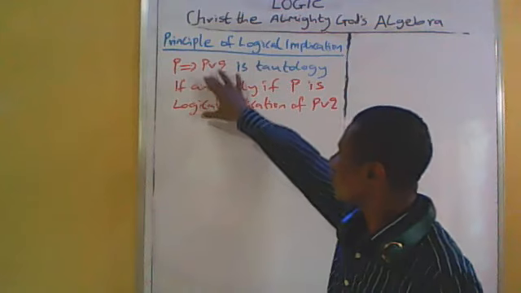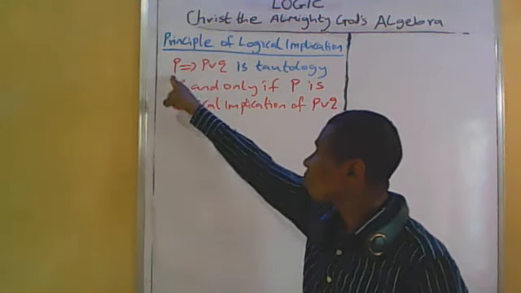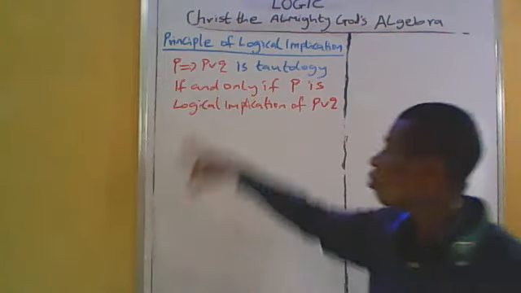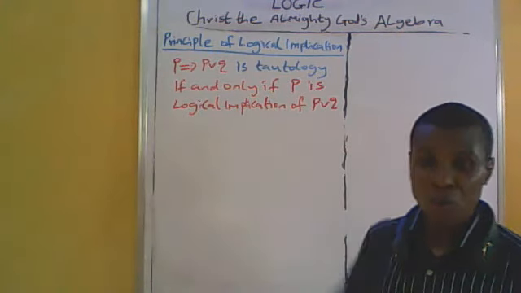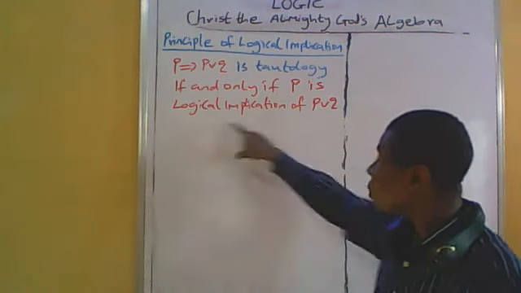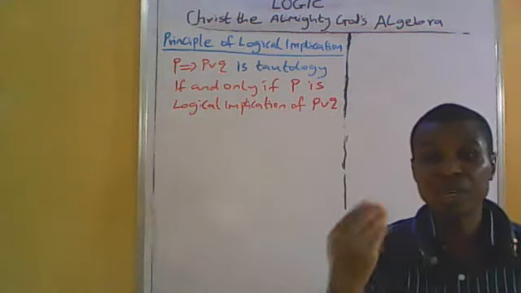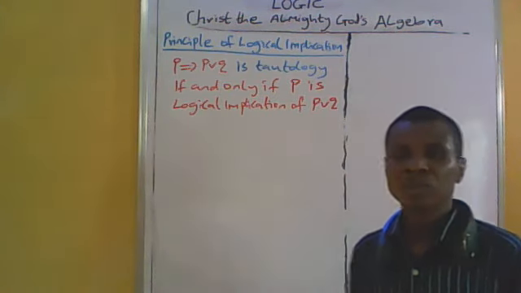If that is the case, it means that P is a proper implication of P or Q. That means that P is a subset of P or Q. That's why we say that P is a logical implication of P or Q.